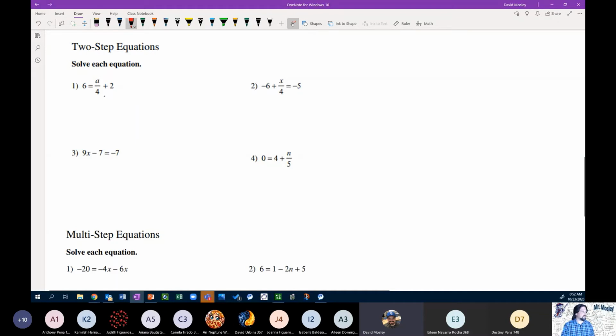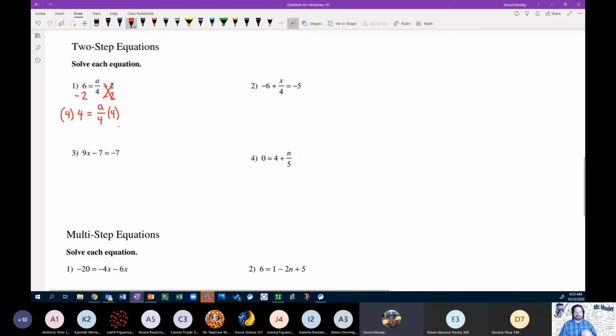So my first step here, we'll have minus 2 from each side. Plus 2 minus 2 is 0. 6 minus 2 is 4. That will equal a divided by 4. I then need to multiply by 4 on each side of the equation.